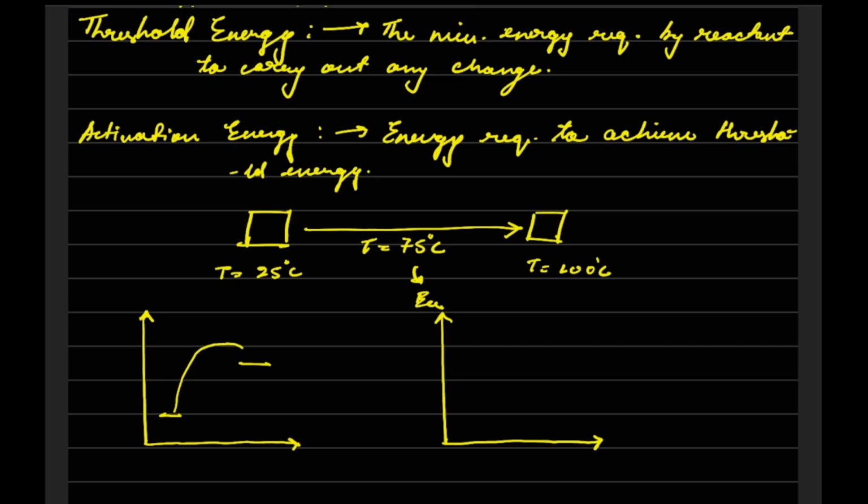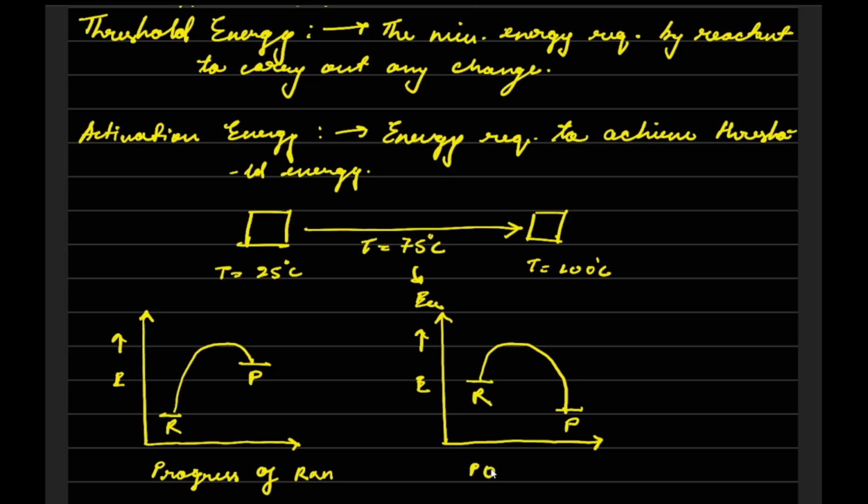This is from reactant to product. Here if this is the reactant, the product comes down. This is nothing but energy, this is also energy, and this is the progress of reaction.